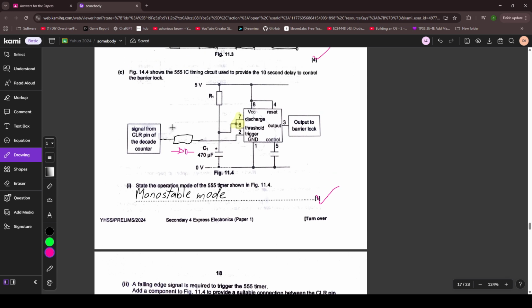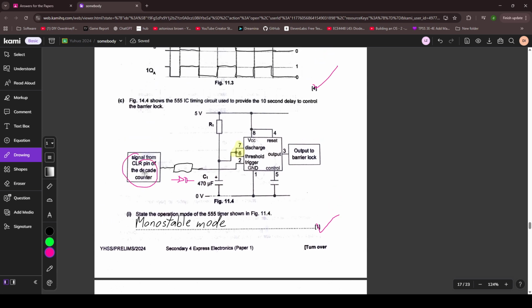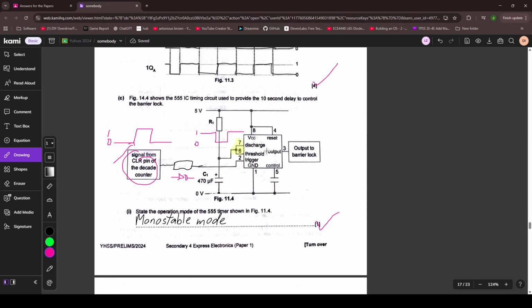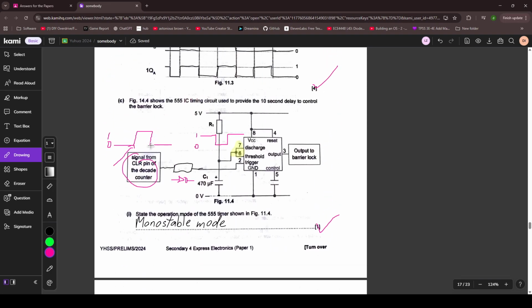So the reason why it needs a NOT gate is because the signal here is going to be 1 like this, and then our output here is going to be like this. At this instant of time, we want this thing to clear, but it only triggers on a falling edge.